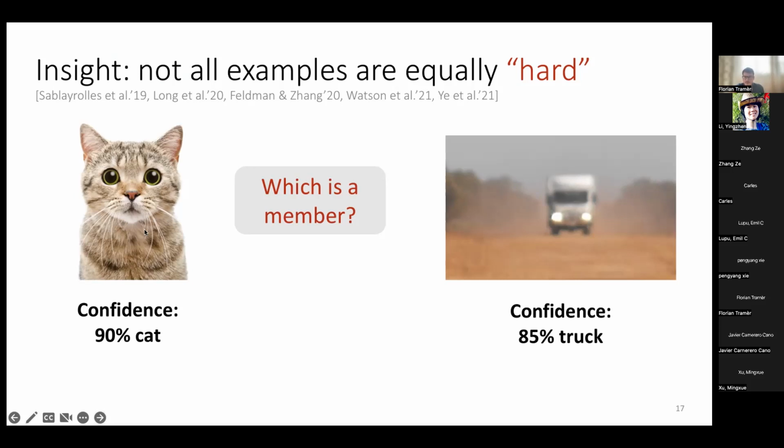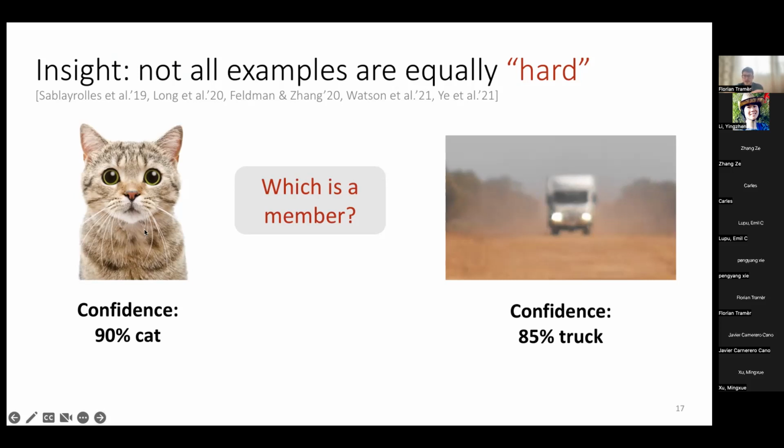And then I give you this other image, a very blurry and slightly out of distribution image of a truck, and the model is still very confident, 85% confident that this is a truck. If I now ask you to guess which of these two images is more likely to have been in the training set, I argue that you should say the image on the right, the truck, is more likely to have been in the training set, even though the model's confidence is slightly lower on this image.